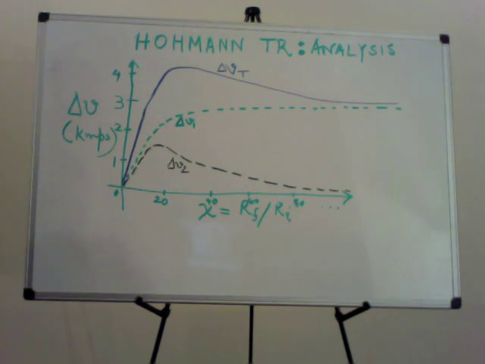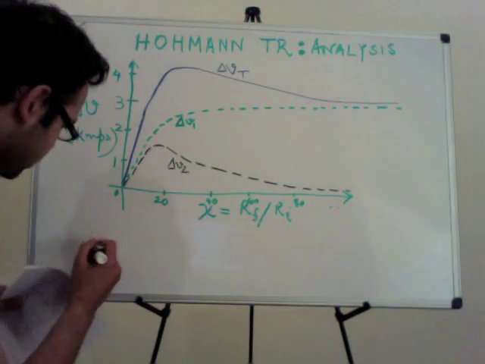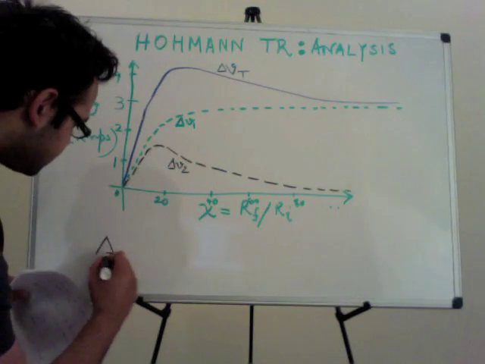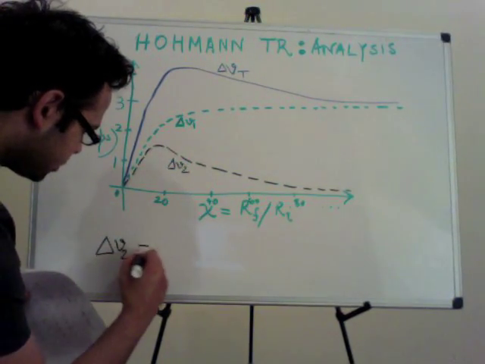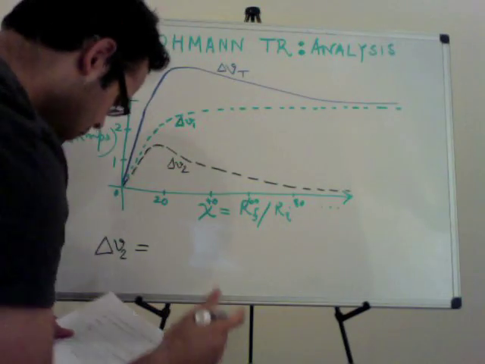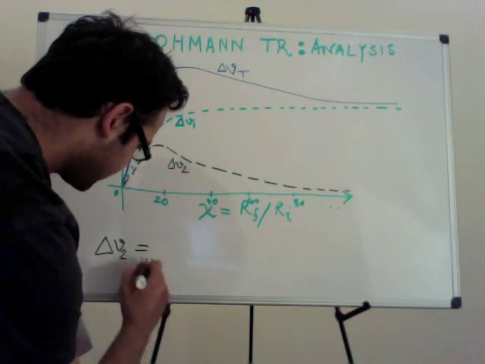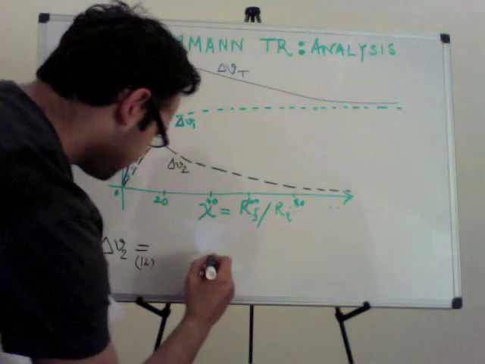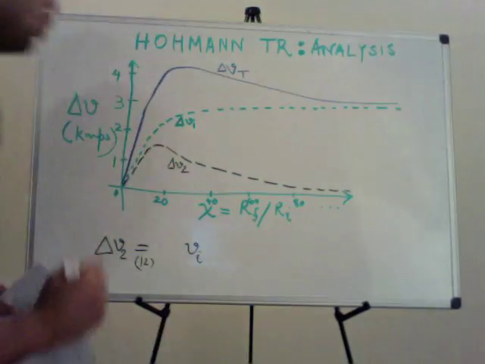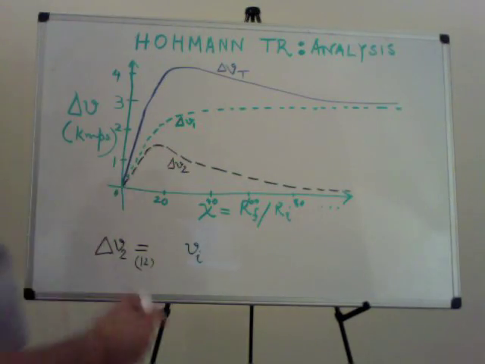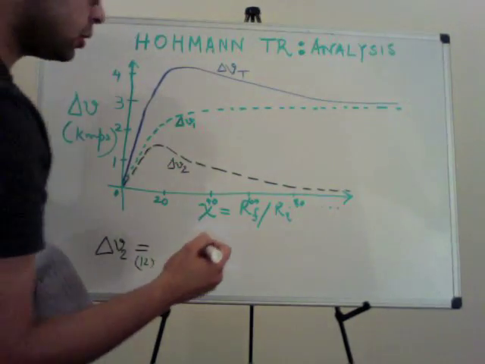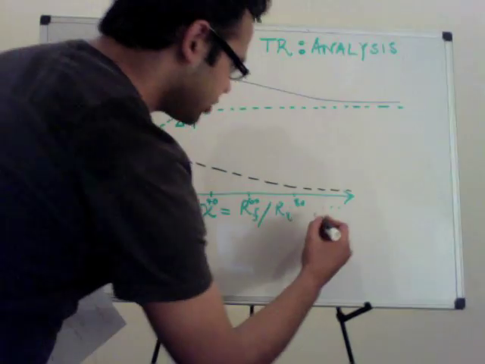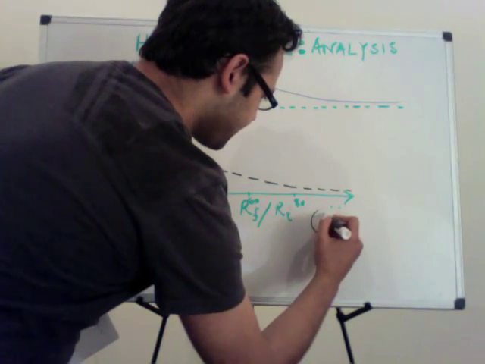Well, you can explain this two ways. One is if you just look at the expression for delta V2, which is equation 12 in the notes, and you have Vi. By the way, the initial orbit is assumed to be circular, obviously, of altitude 400 kilometers.